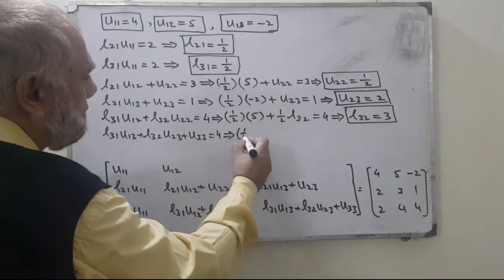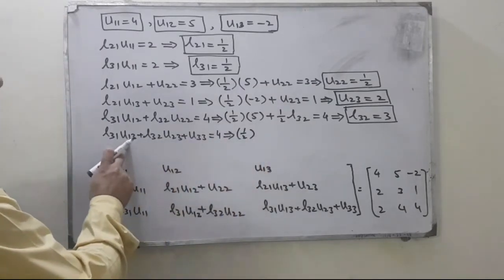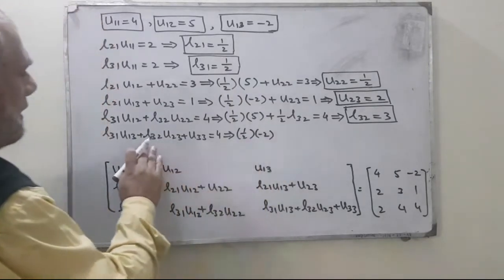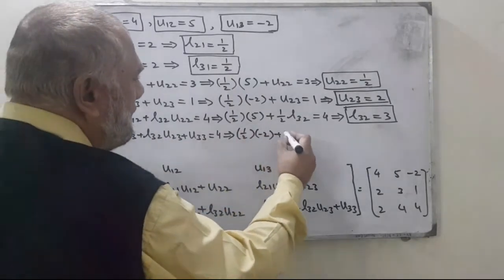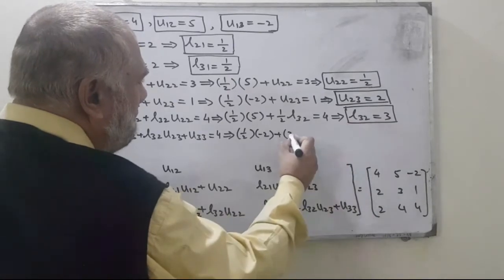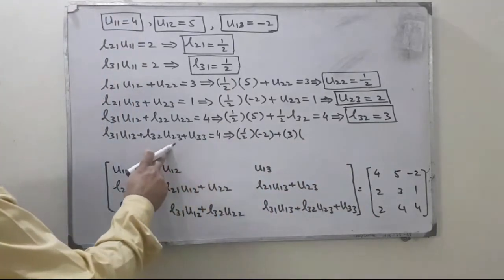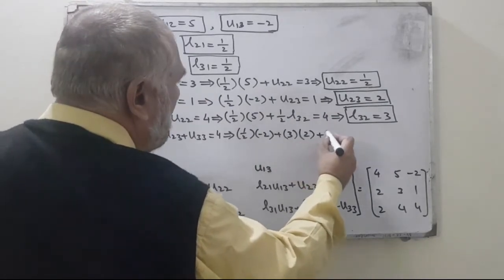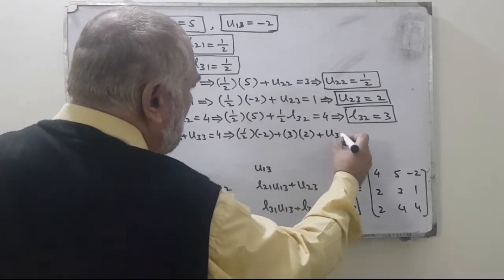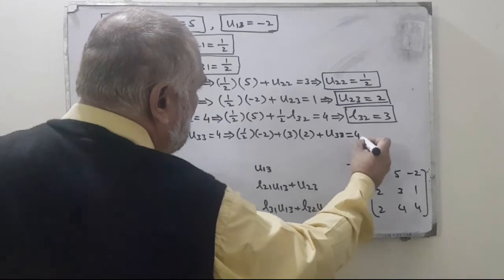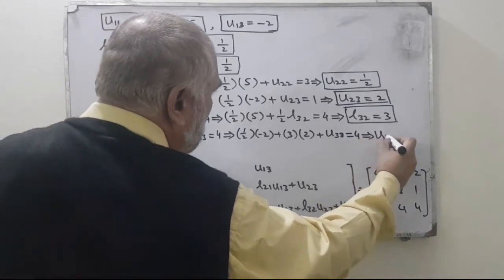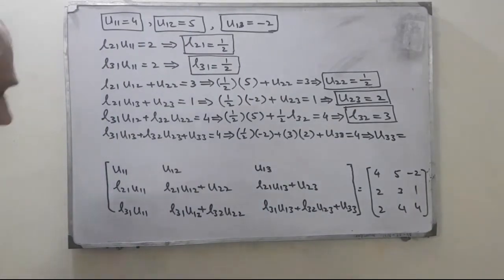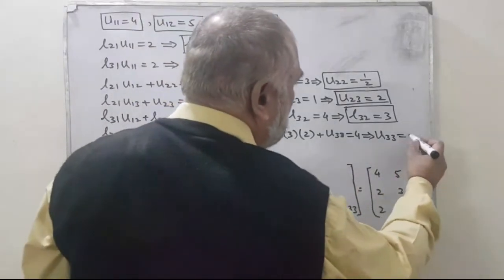L31 is 1 by 2, U13 is -2, plus L32 is 3, U23 is 2, we can calculate U33, and the net result is equal to 4. On simplifying, we'll have U33 equal to -1.